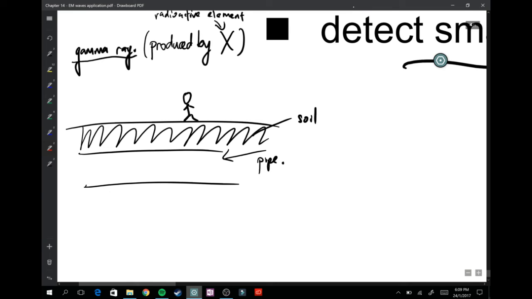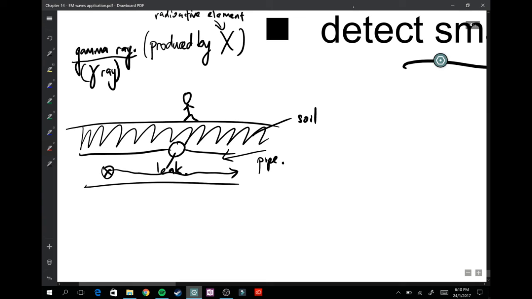You suspect that somewhere in the pipe there is a leak, that the pipe is broken. So what you're going to do is introduce the element X into the pipe. As X goes down, it's going to release gamma ray. Let me denote gamma ray in this manner.